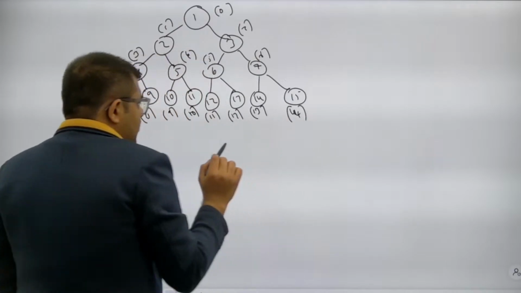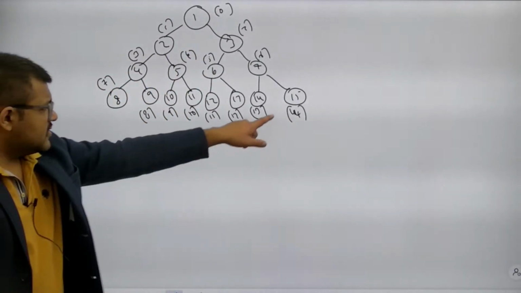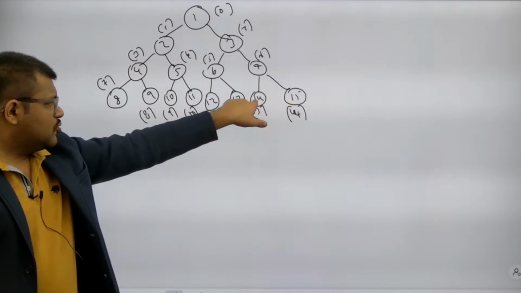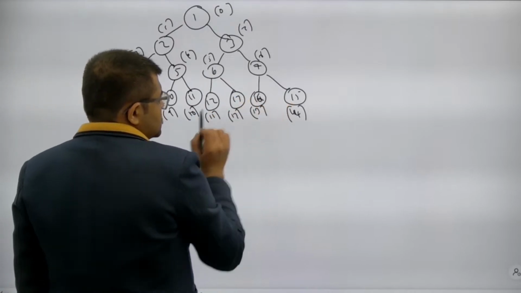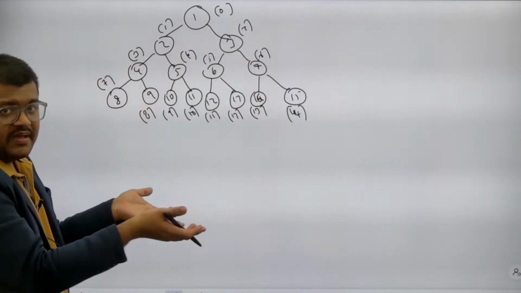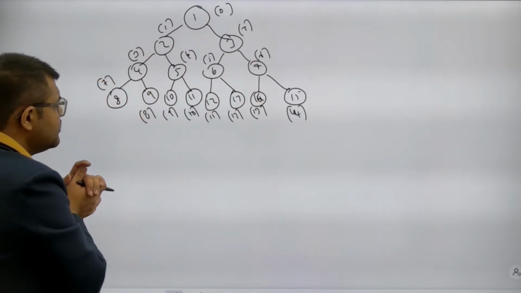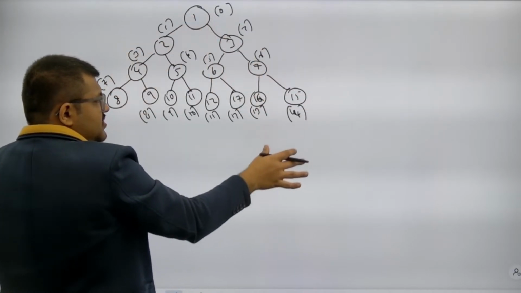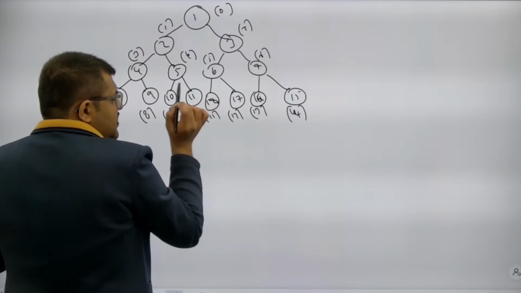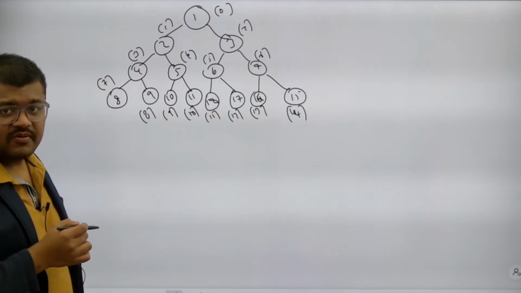Now you see here the maximum element is here, but it could have been here also. For example, if I say this is 16, now this is the maximum element and the min heap properties are still satisfied. Or I may say this is 17, then this is the maximum element and it is still a min heap. Or this is 18, or 19, or 20, or 29, or 38, then this is the maximum element.